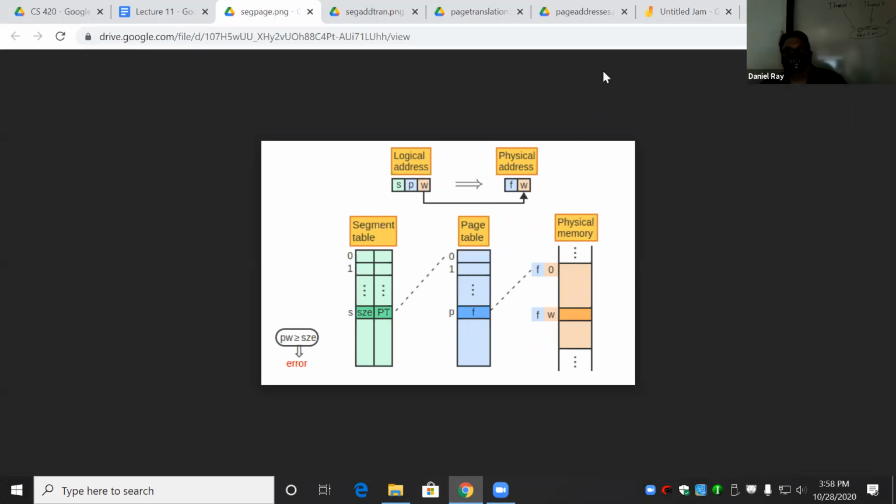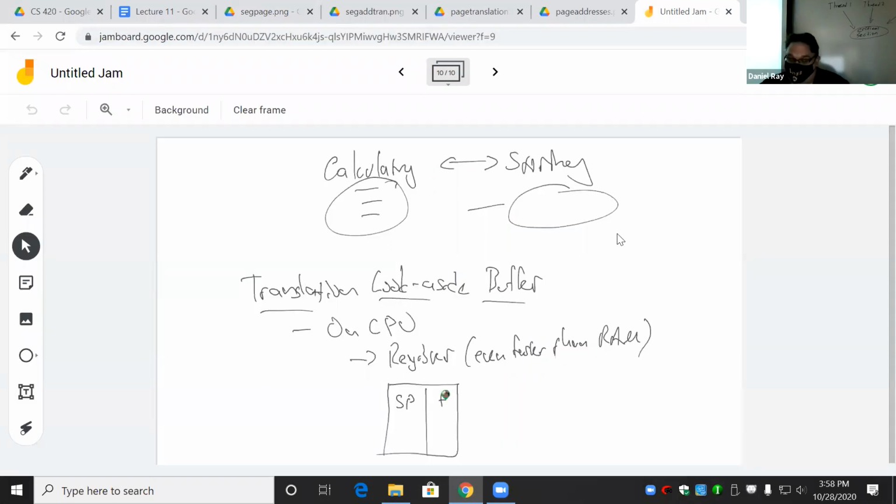So when I do a lookup for a certain segment and a certain page, it keeps track of what frame number that is in. Okay, and then when I do the next one, SP1, it tells me, oh, that's in frame, whatever. Okay, and I keep a list of all of these.